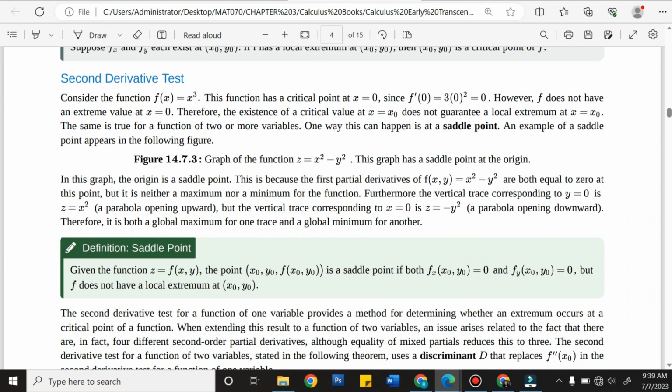Okay? Now let's proceed to the second derivative test. The second derivative test, class, will be used for your saddle point.